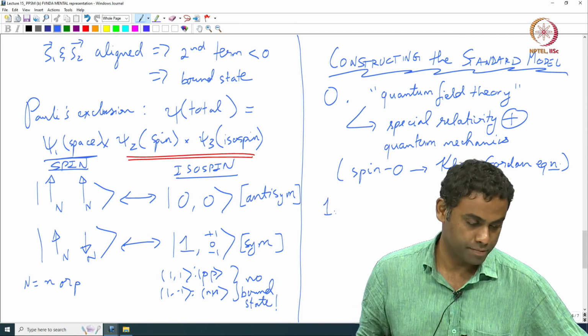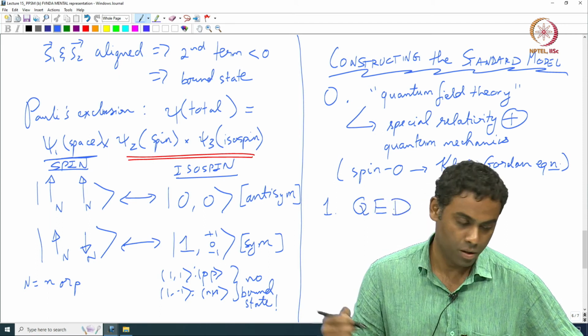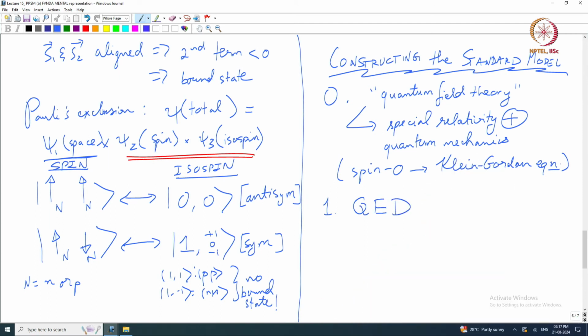Once we do that, we will construct the theory of quantum electrodynamics, okay. And this will turn out to be a very important sub module, because if you understand quantum electrodynamics, you will understand a lot about the standard model. So, I like to call this a toy standard model. Okay.